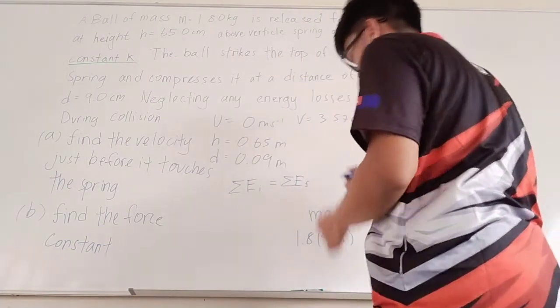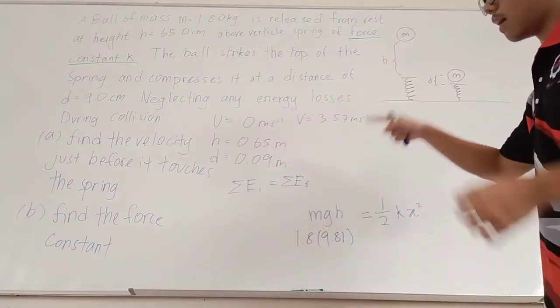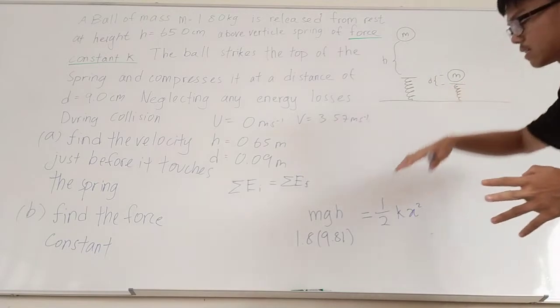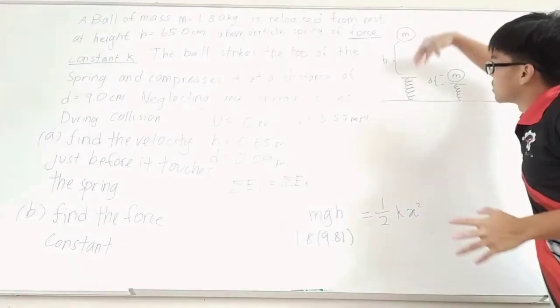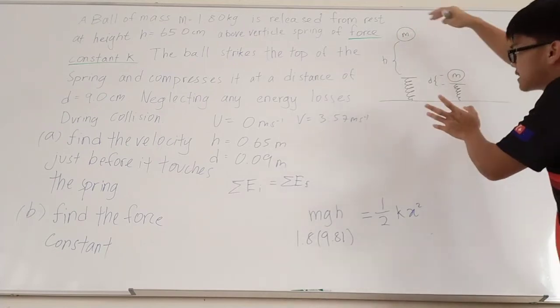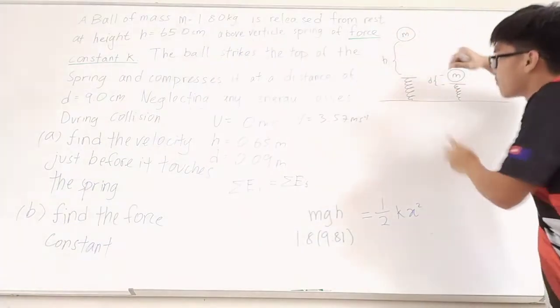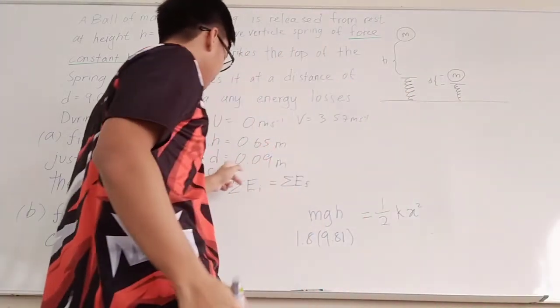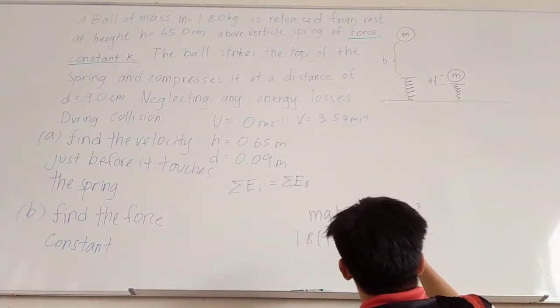And the h is basically the distance traveled by the ball when it goes down, so it's going to be h and d, the distance just before it bounces back up. So it's going to be h plus d, so 0.65 plus 0.09.